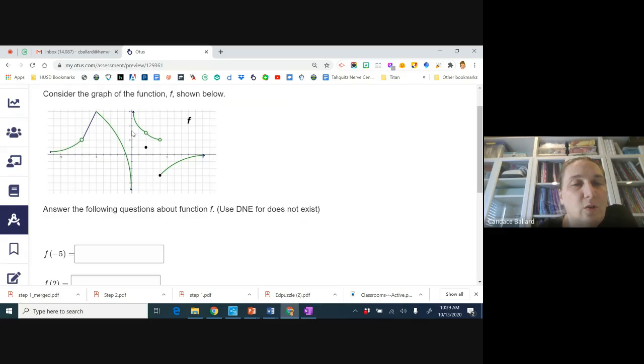So 1, 2, 3, 4, 5, 6. Okay? It looks like it's scaled in 2s, and I know that's a really bad picture. If all else fails, count the hash marks. Make sure that they're scaled in 1s, but count the hash marks. I will almost always scale in 1s. I don't like doing it in other things because it's confusing. Okay. Thank you. Okay, sound good? Yeah. You're welcome. All right, who else has questions?